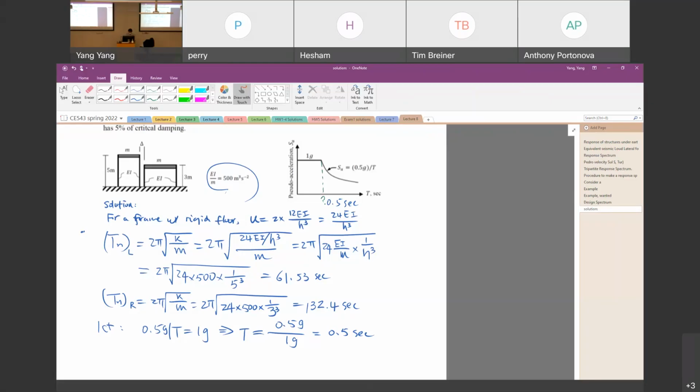Maybe it's the square root of M over K. Yes, we are calculating the period, not the frequency, so it's M over K. That means everything here needs to be a minus.